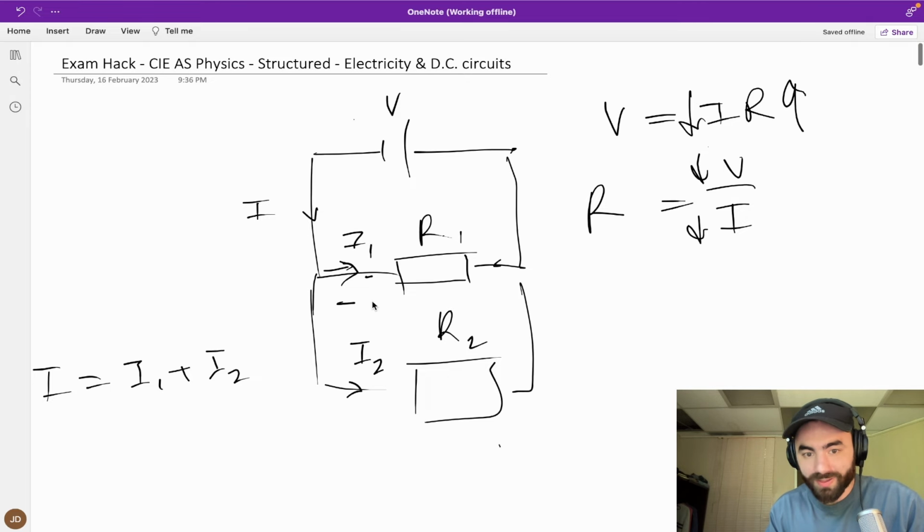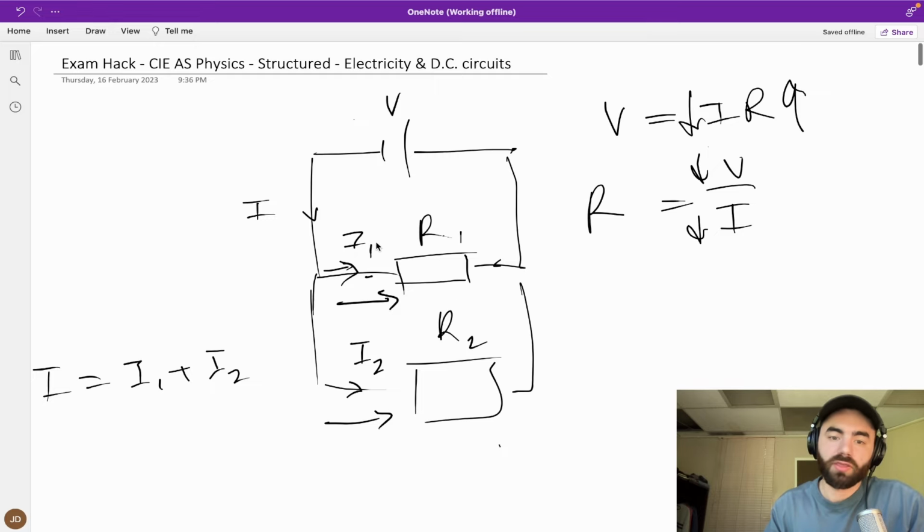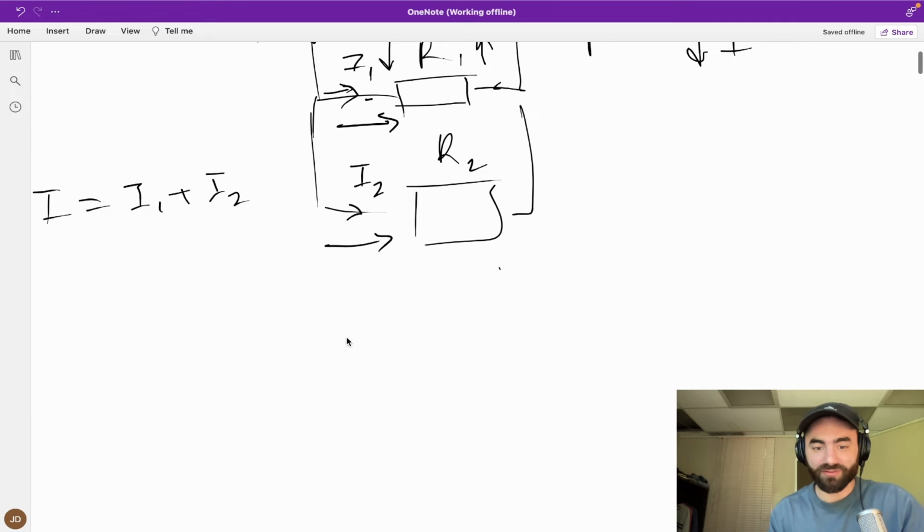Why is that? Let's say this resistance is bigger. Then the current on this one will be smaller than the current on this one. They relate to each other to keep the voltage constant. And also the EMF.